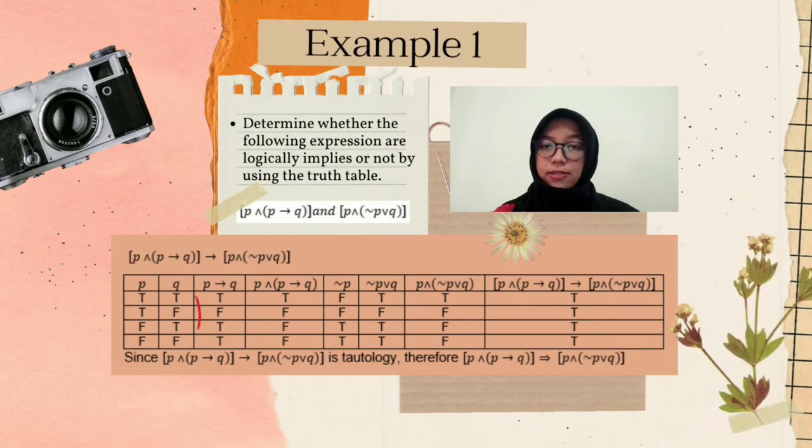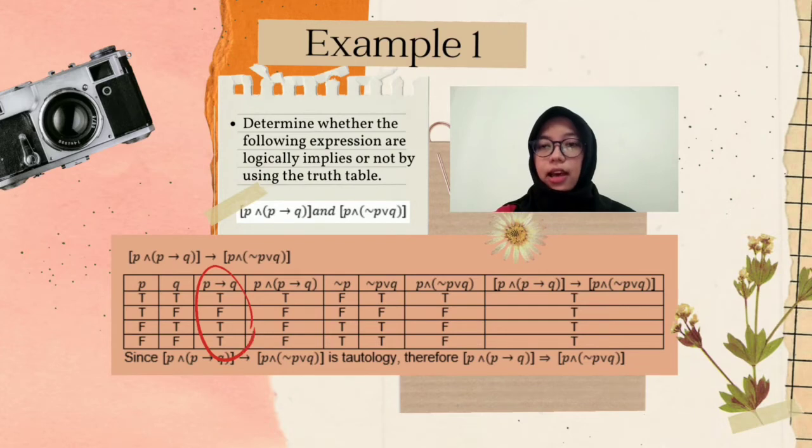It's a simple question. First, we determine how many statements we have here. It's two statements, P and Q. So we make a column for P and Q and write the possibilities. There are four possibilities if we have two statements: true-true, true-false, false-true, and false-false.